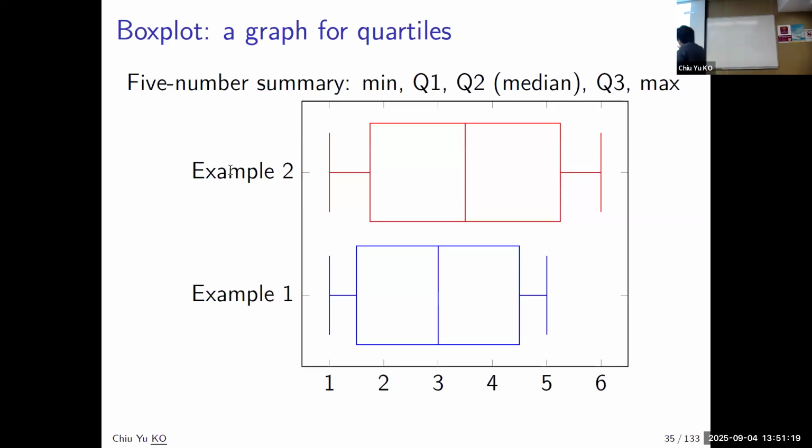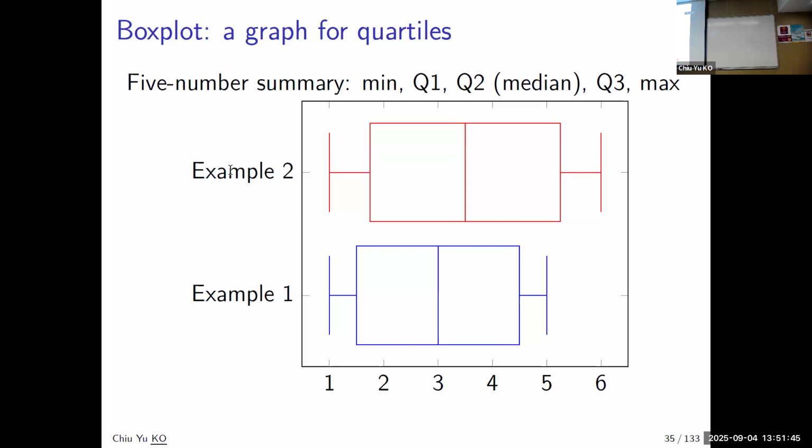So this is a graph that usually you would do to illustrate your data, and it's a box plot. You can do it in Excel or Python very quickly. So I have 2 examples. Remember the data 1, 2, 3, 4, 5 and 1, 2, 3, 4, 5, 6, right? The median is the middle line, and this is the maximum and the minimum.